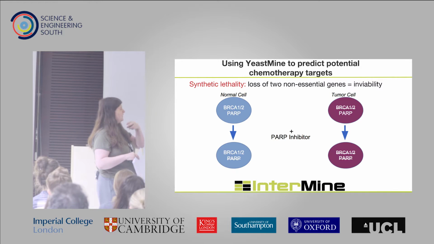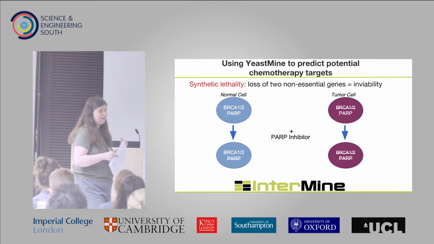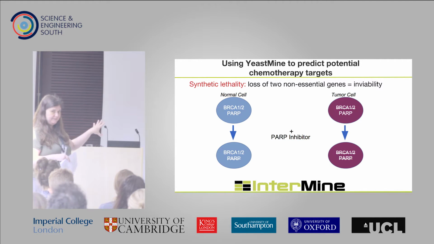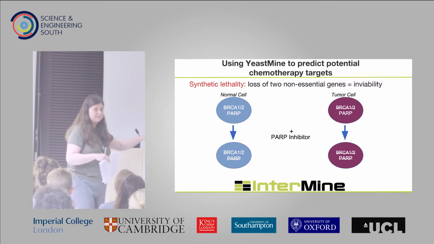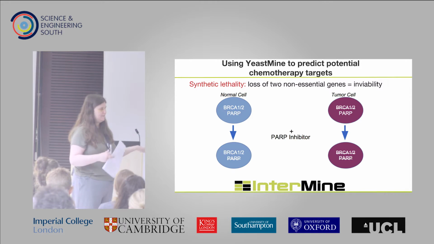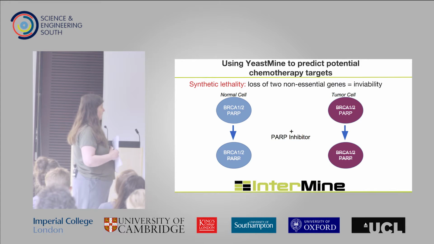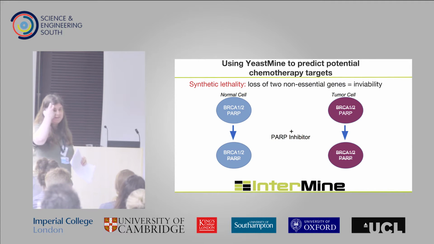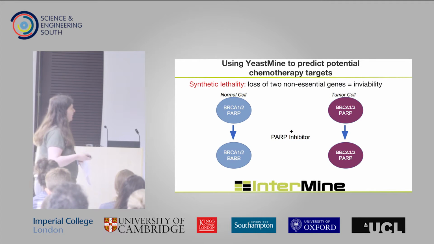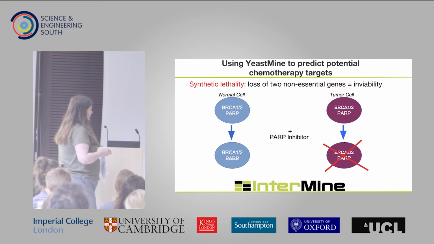The tumor cell, because you have two mutations, dies. So the healthy cell lives, the tumor cell dies. You can see that synthetic lethality is really an important way to find drug targets for cancer treatment. Okay, so that's synthetic lethality.